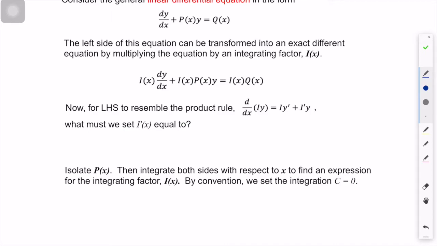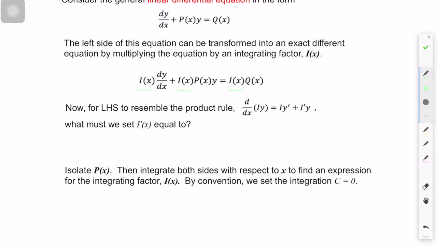The left side of this equation, we can actually brute force, use your creativity here, to transform it into an exact differential equation, like a product rule format, by introducing something called an integrating factor, I of x. So if I multiply I of x into the first term, I also have to multiply I of x to the other two terms of what I started with, the linear differential equation.